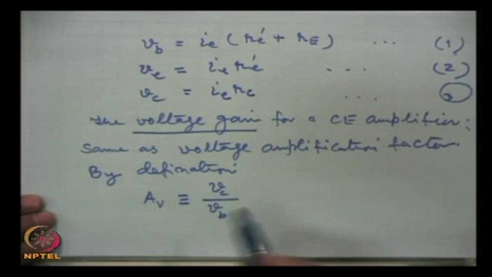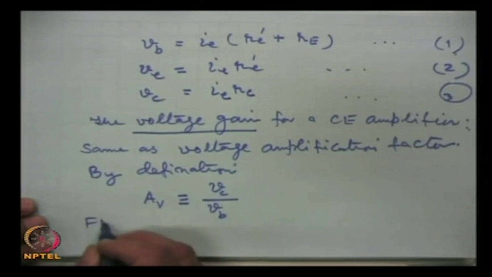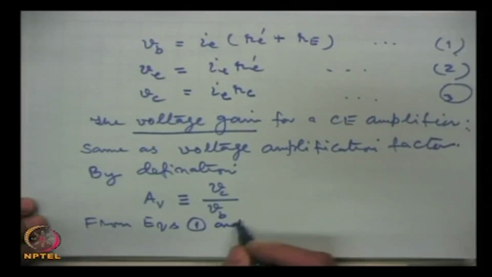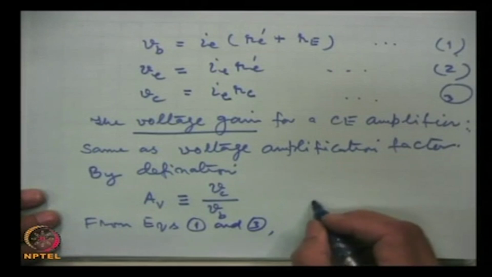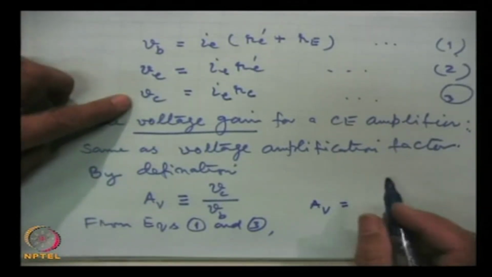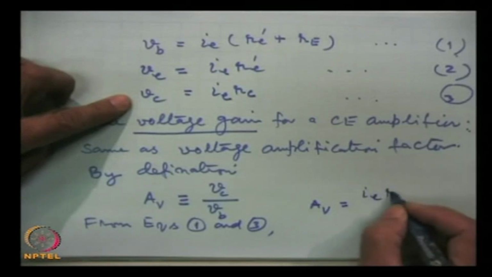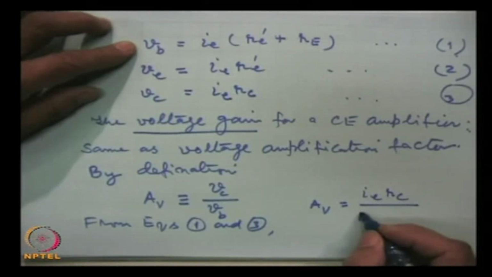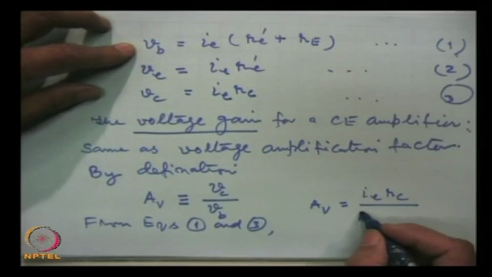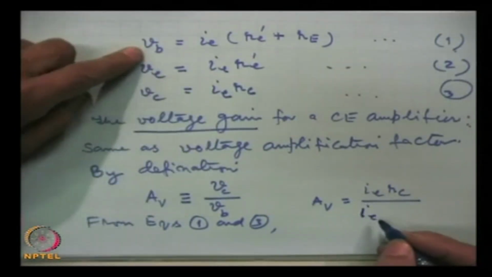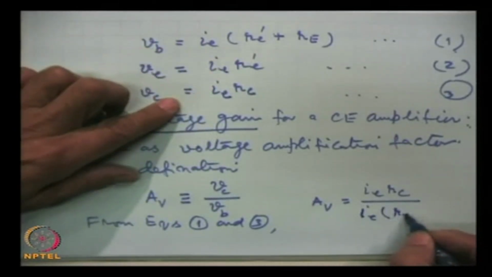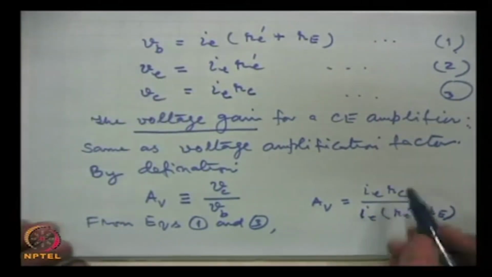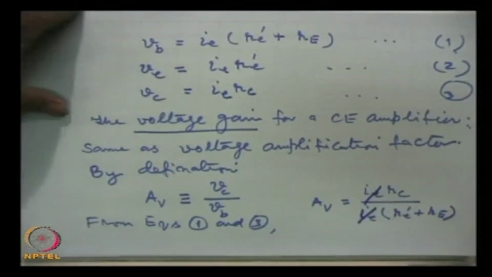So, from equations 1 and 3, Av equals Vc, we substitute as Ie Rc, divided by Ie divided by Vb, and Vb is Ie into Re prime plus Re, and Ie gets cancelled.